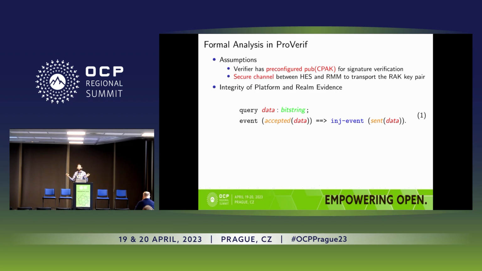The claims should remain the same. There should be no interjection by a man in the middle changing that data. So the data integrity is preserved from the sending point up to the ending point, with freshness, which is due to these injective events in ProVerif.